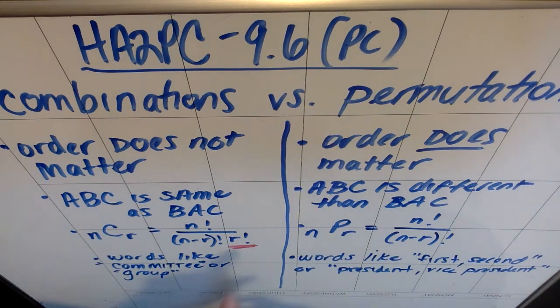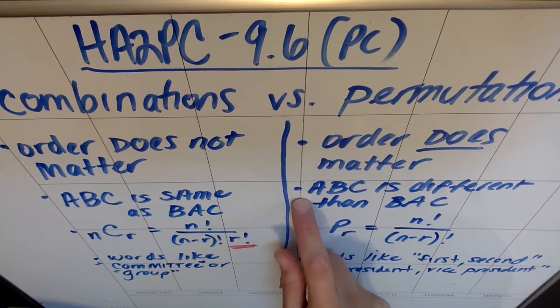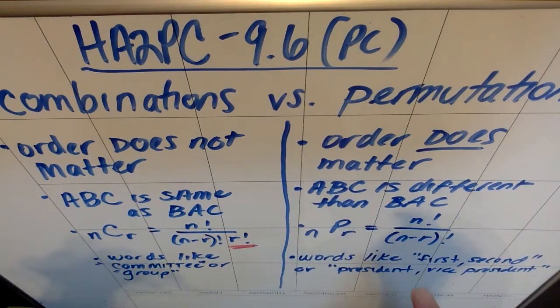They're all the same answer. So I'm dividing by those redundant answers. It means that the number of combinations is always smaller than the number of permutations, because in combinations, ABC and BAC are the same answer, but in permutations, they would be different, because ABC means that A is the best and B is second and C is third, and BAC means that B is the best and A is second and C is third.